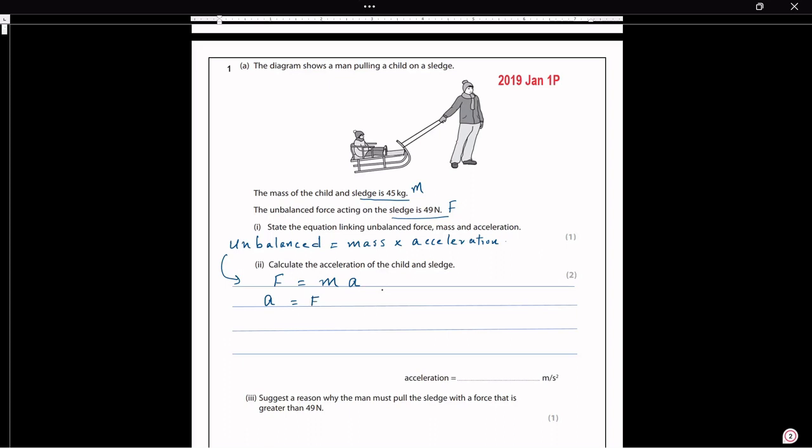So acceleration is force over mass, which is 49 over 45. Please make use of your calculator, and on calculation you will get an answer of 1.1 meter per second square. So let us put the answer here, 1.1 meter per second square.